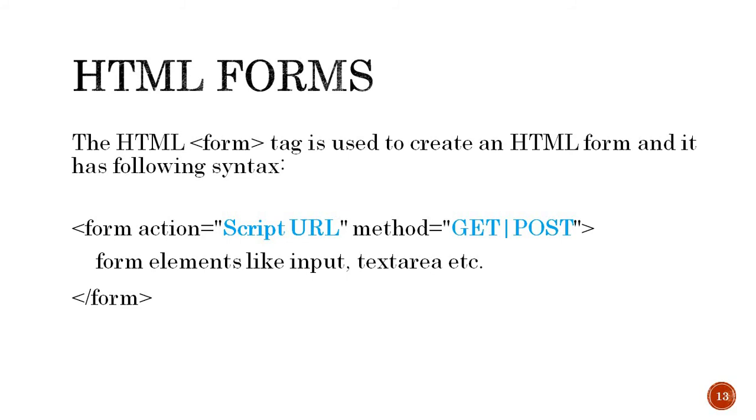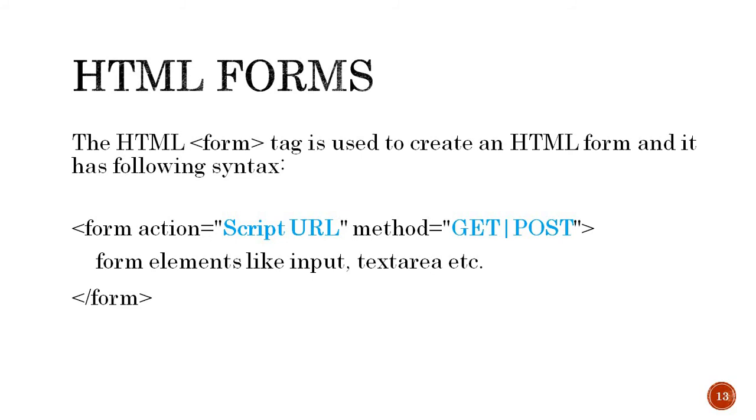So let's understand what this action part and method are. Action describes what you want to do when you click on the submit button. It points to the backend script ready to process your posted data.